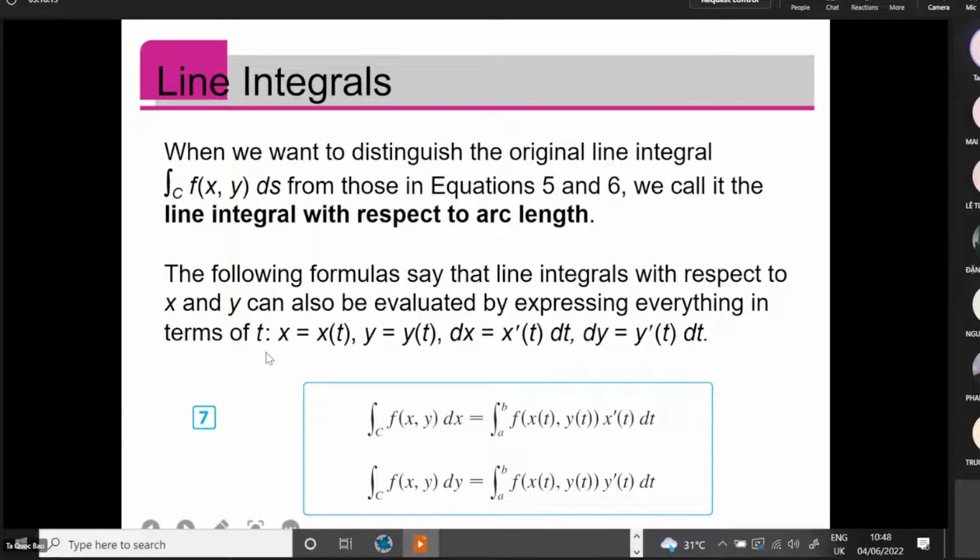Now we have a parametric equation of the curve C. We have x equal to x(t) and y equal to y(t). Then dx equals x'(t) dt, and dy is y'(t) dt.